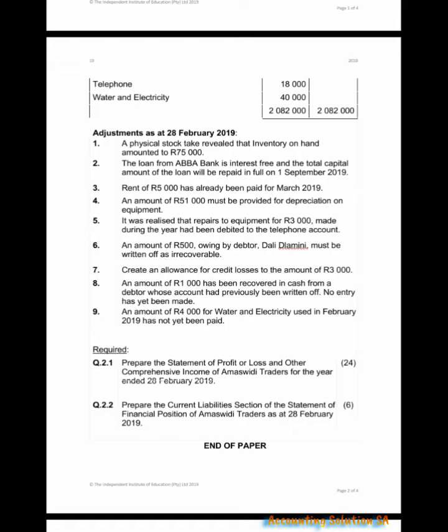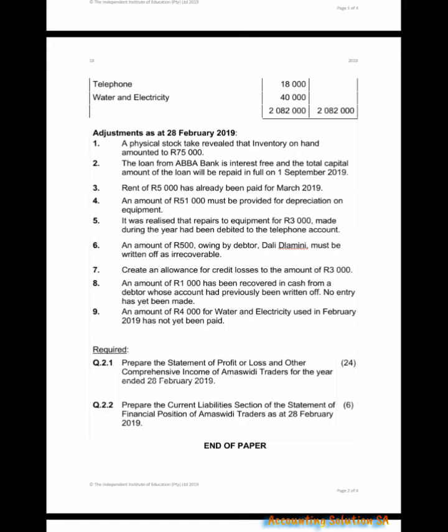Now in this case, they recorded water and electricity for 11 months and omitted the amount of 4,000 because it's not yet paid. It doesn't matter whether the amount has been paid or not. We use the principle that we call accrual accounting.